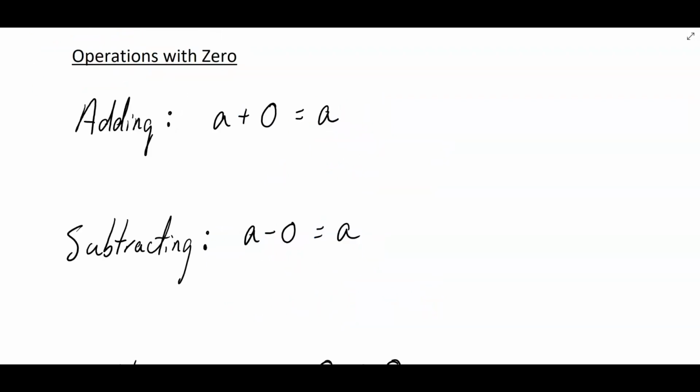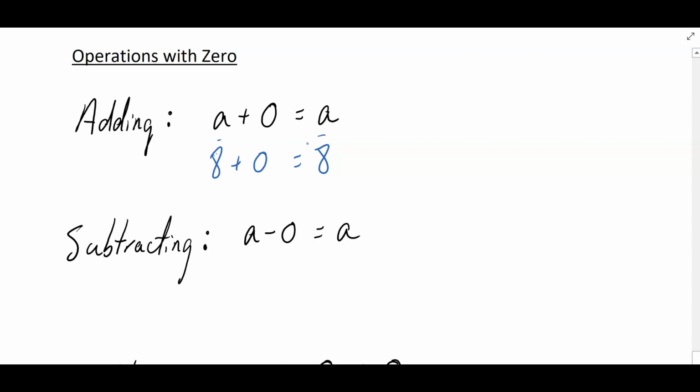Lastly, in this section, we'll have a quick look at operations with 0. So this tells us that adding 0 to any real number doesn't change the result, and we still have the same number. So numerically, it should make sense if I were to say that 8 plus 0 is equal to 8. That's what we're looking at.